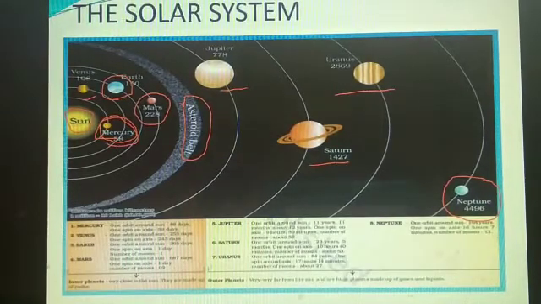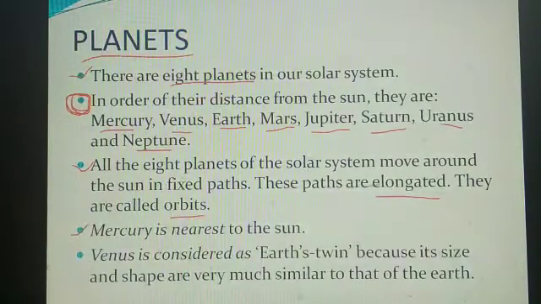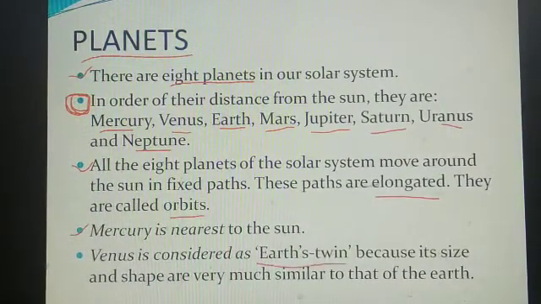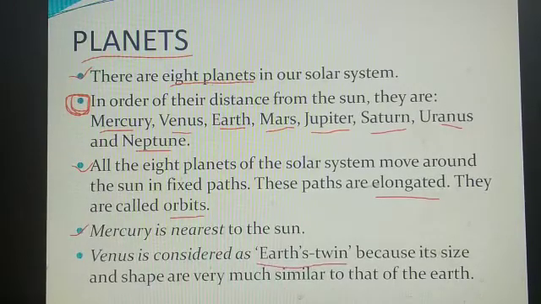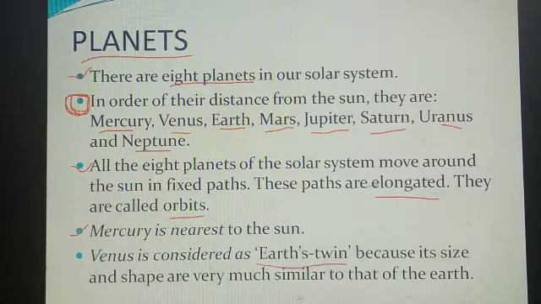Okay, then the next one, Venus is considered as the Earth's twin because its size and shape are very much similar to that of the what? Earth. So which planet is also known as the Earth twin? That is Venus. So let's see, where is Venus?